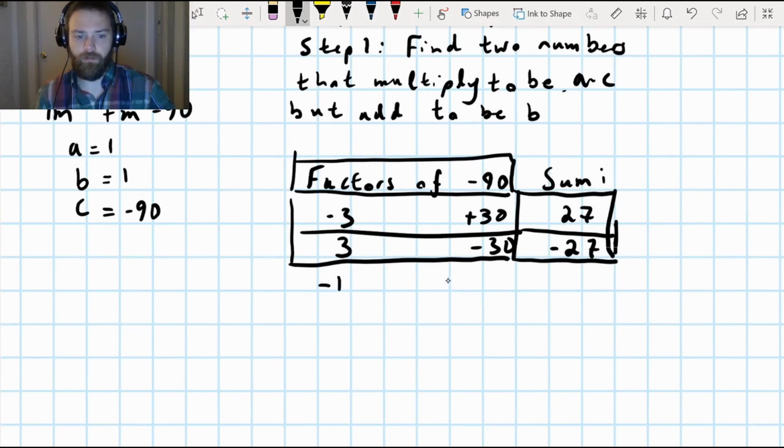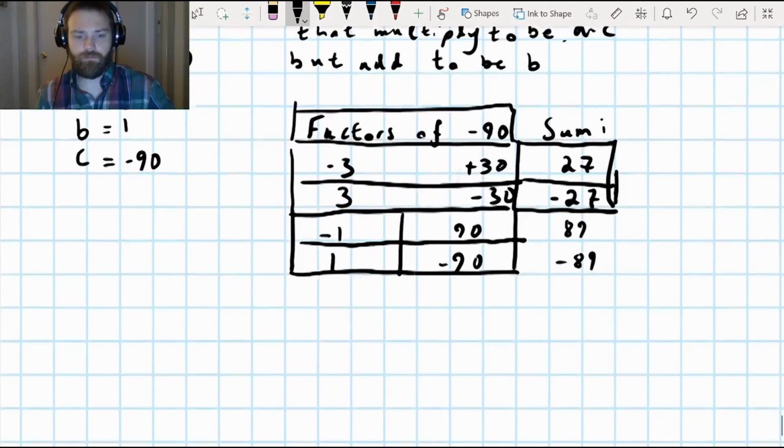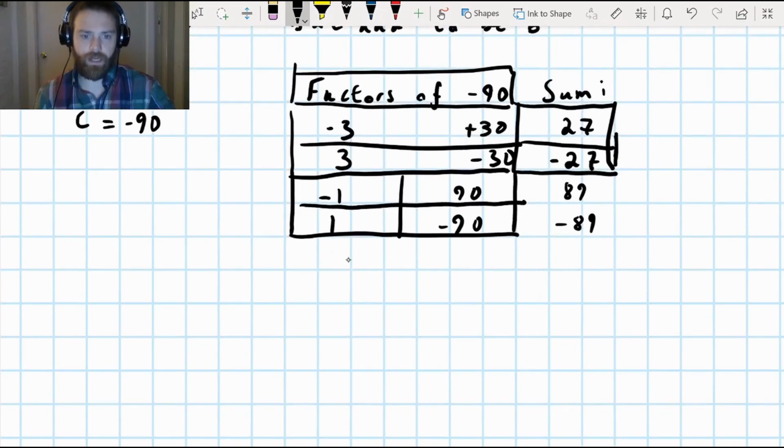Let's try negative 1 and 90, and then their counterpart. Well, that's going to be just 89 and negative 89. So sometimes you just have to play with these values. And then down here, I can do 10 and 9. So 10, negative 9, or negative 10 and positive 9.